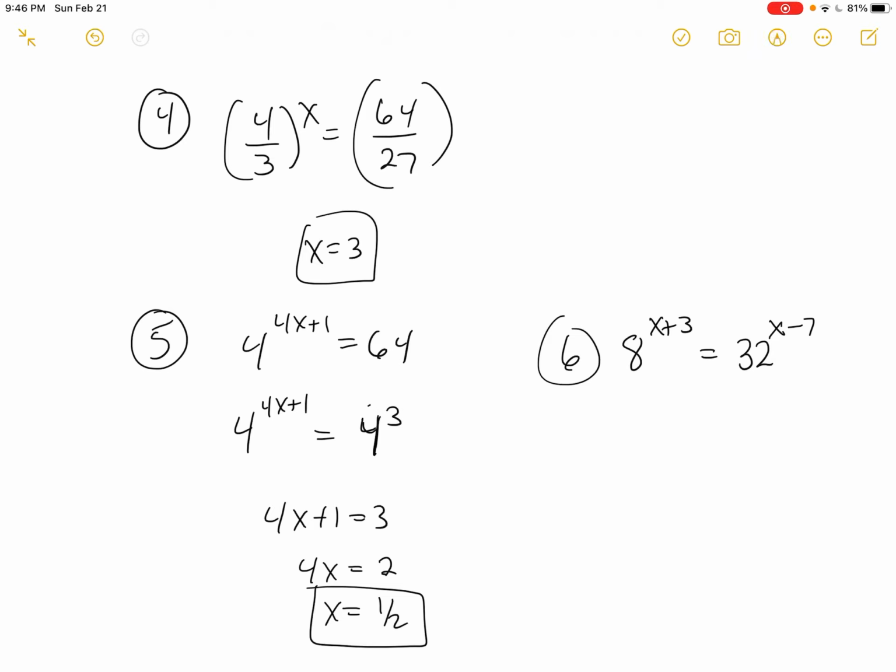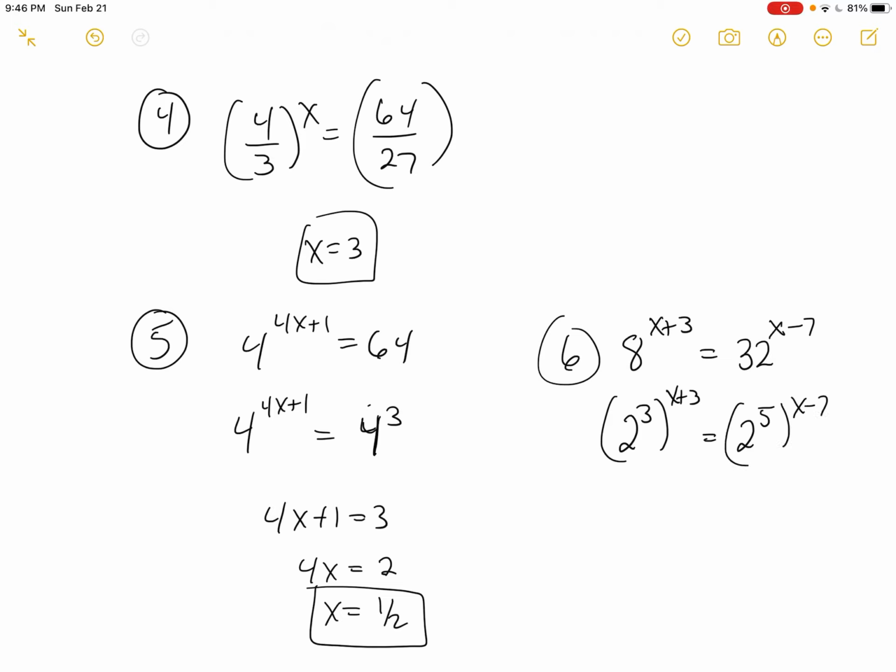So you've got to look for a different base that they have in common if we're asking for a direct answer. And you know 8 is 2 to the third, which is being raised to the x plus 3. And you know 32 is 2 to the fifth, maybe. If you didn't know that, you could say 2, 4, 8, 16, 32, and realize that's 5 times. Now, remember, these were being raised to a power.